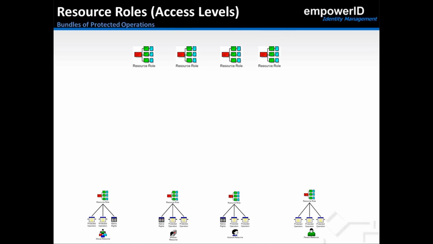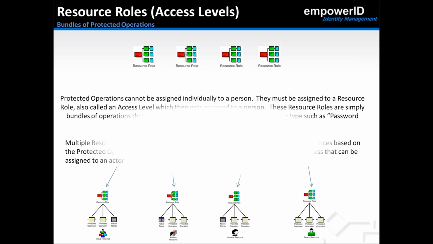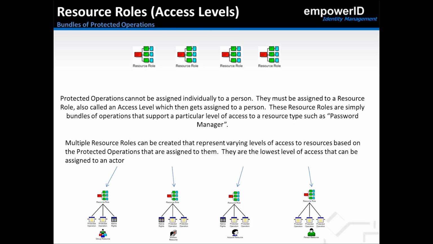Now let's talk about our resource roles. The protected operations themselves cannot be assigned individually to a person. They must be assigned to a resource role, also called an access level, which then gets assigned to a person. These resource roles are simply bundles of operations that support a particular level of access to a resource type, such as password manager.